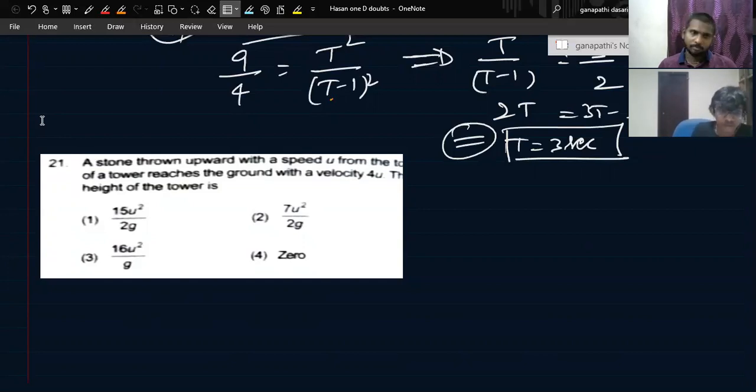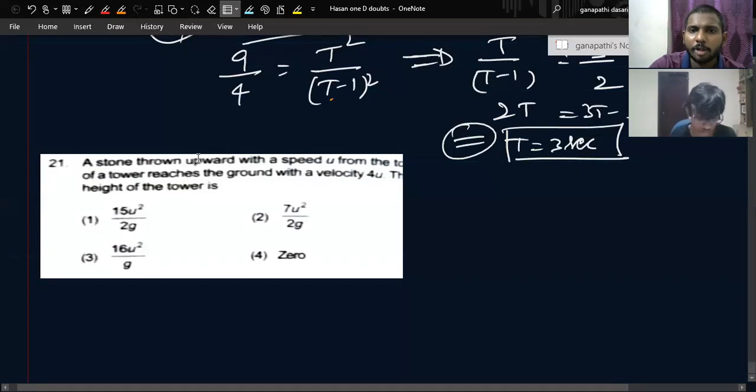Fifteen u square by 2g. That's it, you got it, I hope so. 4u square whole square minus u square is equal to 2 into a into h. It will become h is equal to 15u square by 2g. You get it.